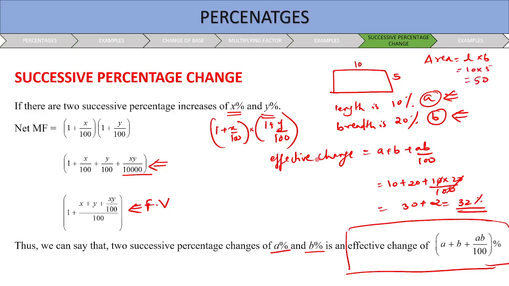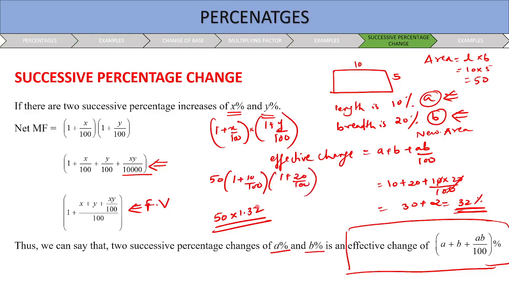So after that, what will be your new area? After successive percentage changes, it will be an effective percentage change of 32 percentage increase. So it is 50 into 1.32. That's all you have to solve. Otherwise, you would have taken 50, you would have solved it for 1 plus 10 by 100 and then 1 plus 20 by 100, which would have made this a tedious job.